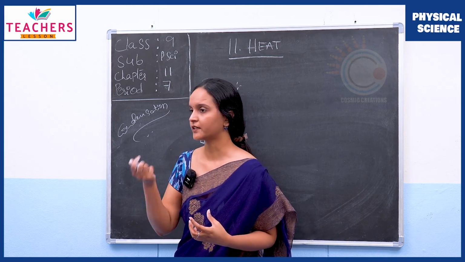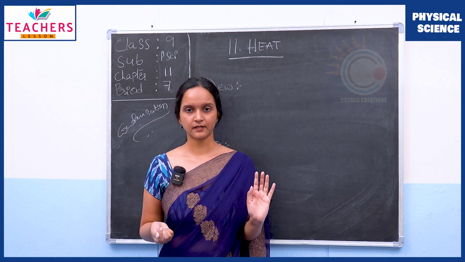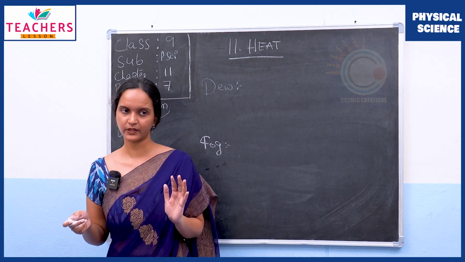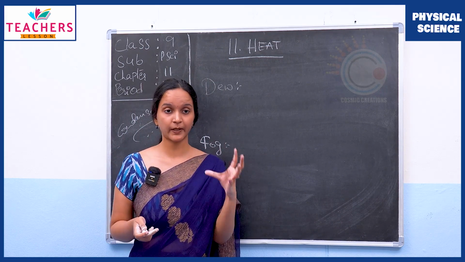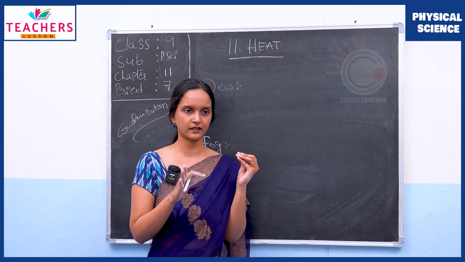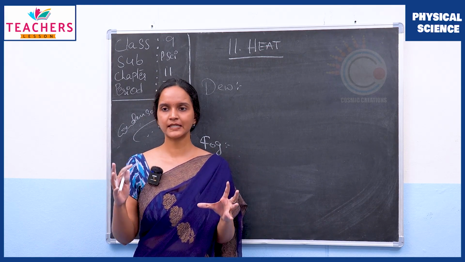So these water droplets will now settle down on the air particles. This could be dust particles in the air or smoke or whatever it is. So the water vapor particles turn into water droplets, and they settle down on the air particles, dust particles or smoke particles, etc. So a thick mist is formed.